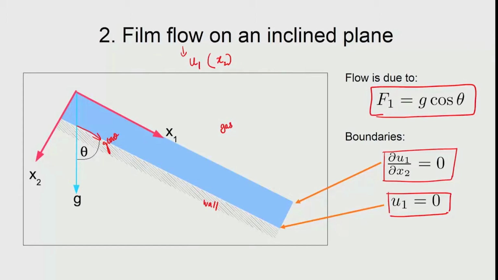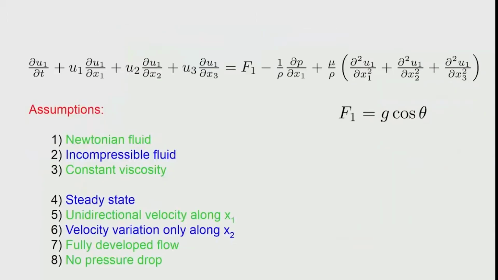So we then can start the solution by writing the Navier-Stokes equation for the component u1. Here we have the same situation. We have got the equation written already for these three assumptions. So these are already done, because of which the equation appears in that form, and we assume that this flow is taking place for a long time and at a steady state.